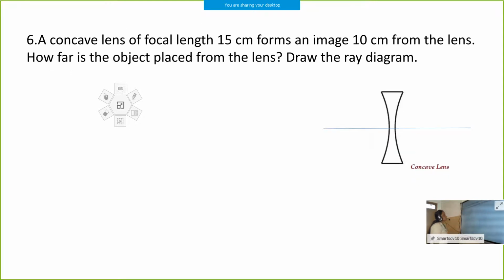So next question, write down. A concave lens of focal length 15 centimeter forms an image 10 centimeter from the lens.